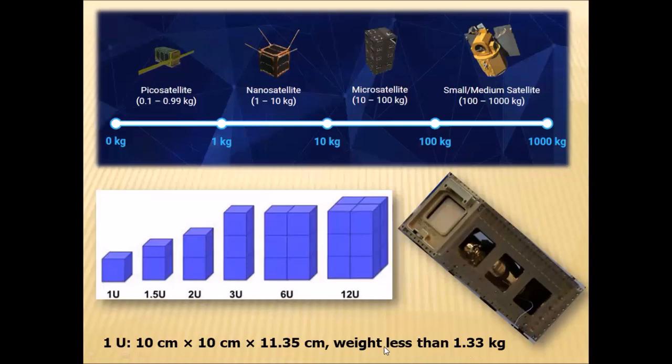These small boxes can contain all the primary systems that large satellites have. Due to its simplicity, the design was very popular. Eventually, CubeSat became widely adopted as the standard.